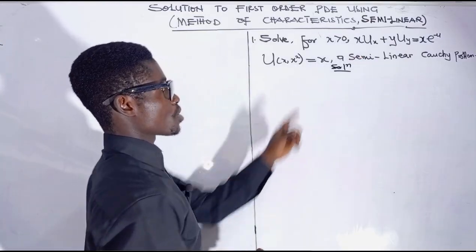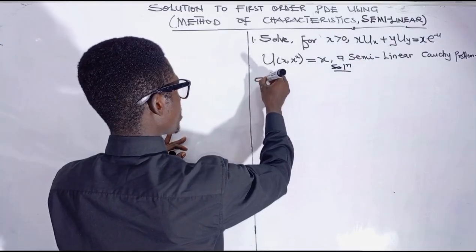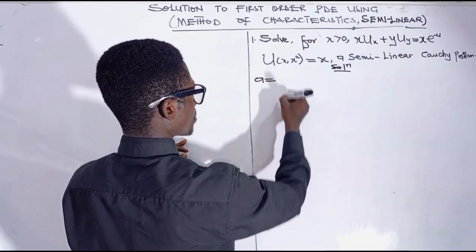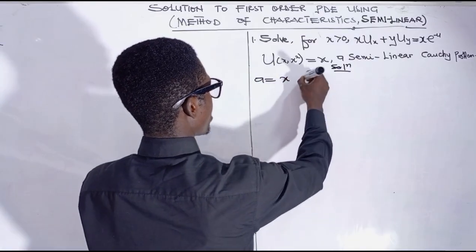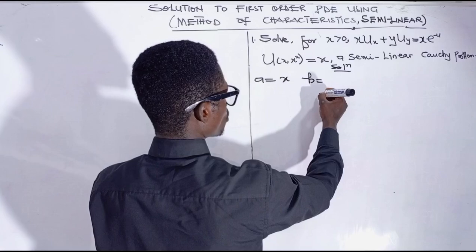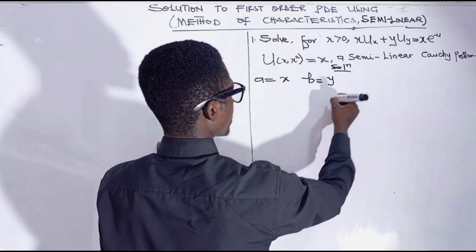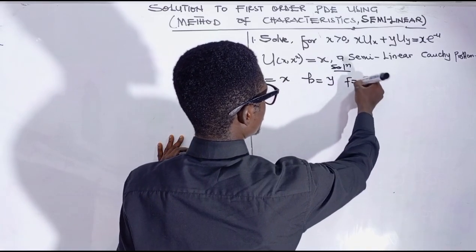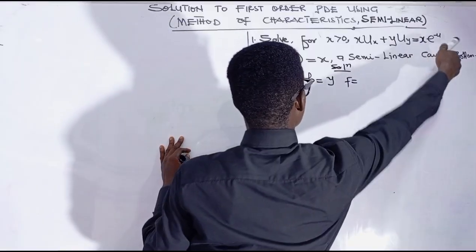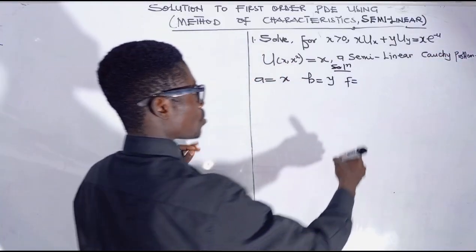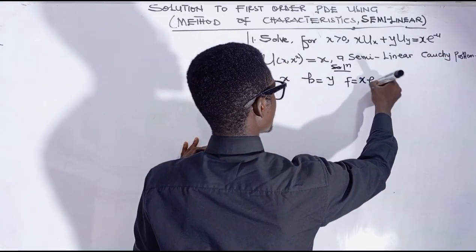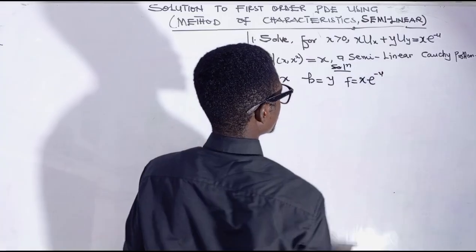So from the equation, our A is the coefficient of what? Ux, that is x. And then our B is the coefficient of Uy, and that is y. And then our F is the function on the right hand side of the equal sign, that is x e exponent negative u.